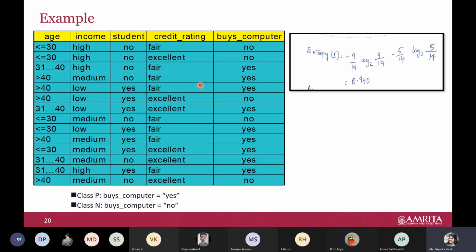We have to see how many there are from 31 to 40. So 1, 2, 3, 4. We have 4 instances out of 14, so 4 by 14 is the proportion. And in this 4, how many are yes and how many are no? In 31 to 40, one of you please tell.